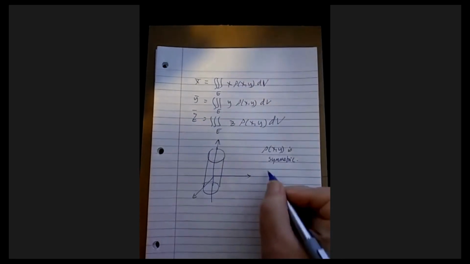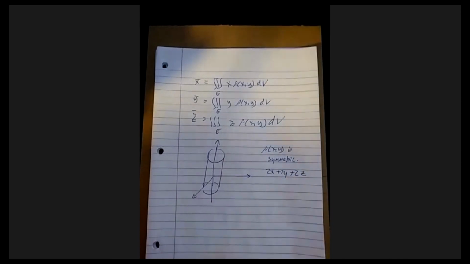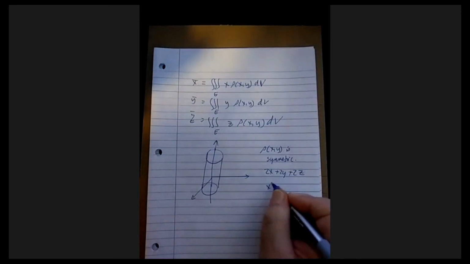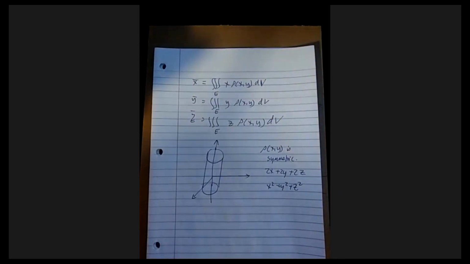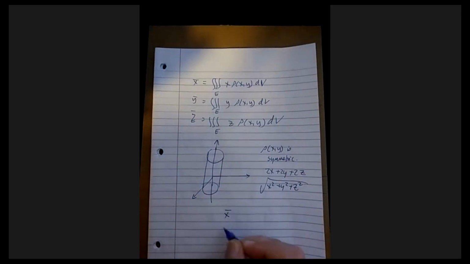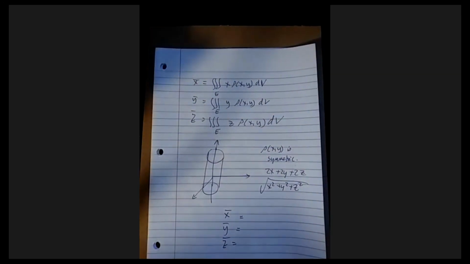So a density function that's symmetric would be something like that, right? Or something like that, or whatever, right? Symmetric. If it is symmetric, you can get at least one, if not two, of these guys by sheer symmetry.